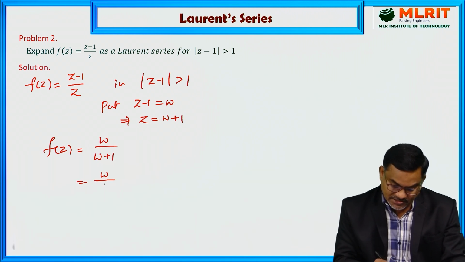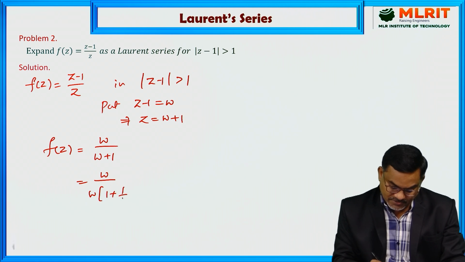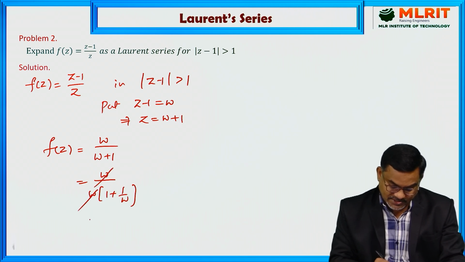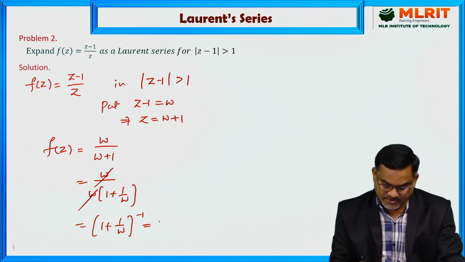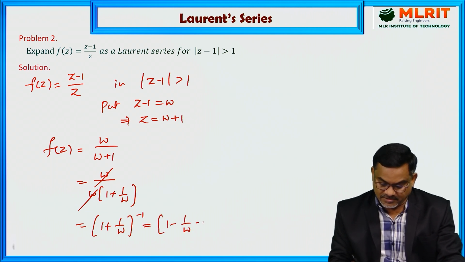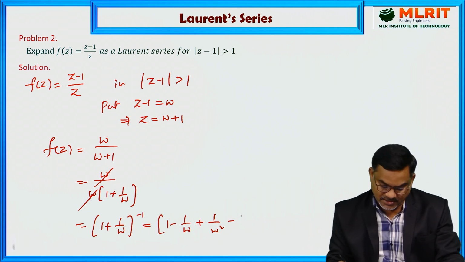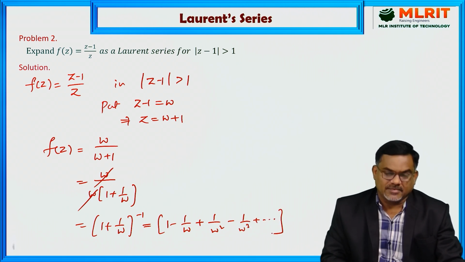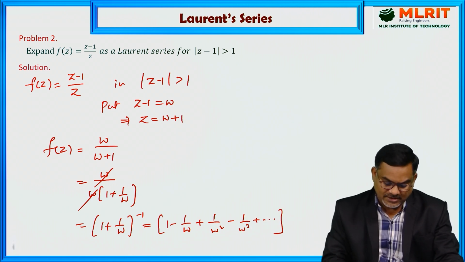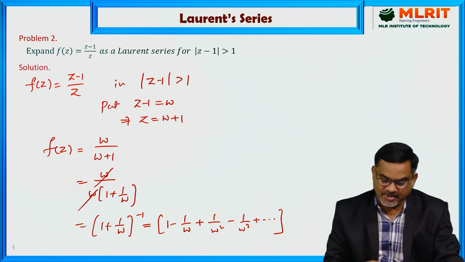So I will take this w common here, 1 plus 1 by w, these two get cancelled, and (1 plus 1 by w) whole power minus 1, which is 1 minus plus minus and so on. Here the sign changes alternately, since here we have plus sign and here the minus sign.